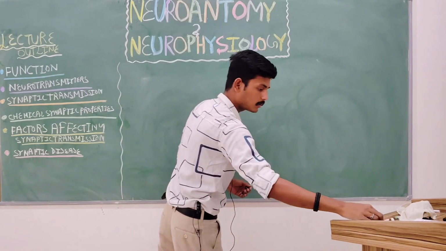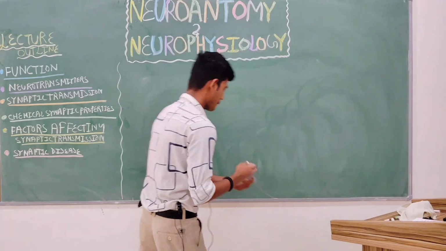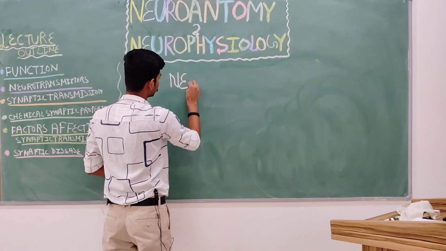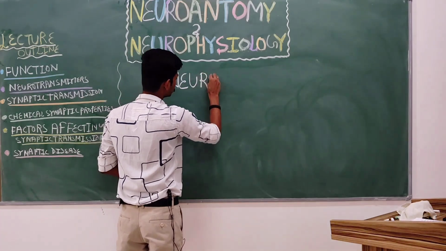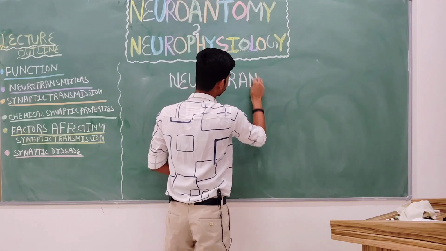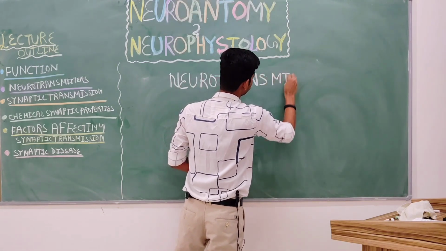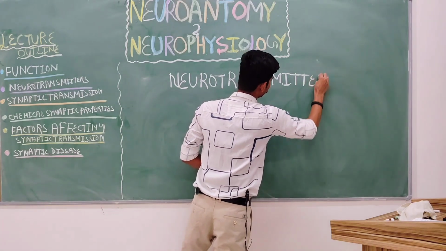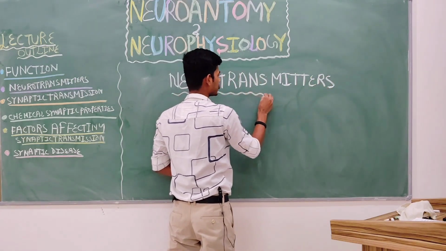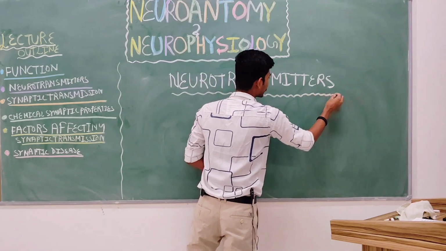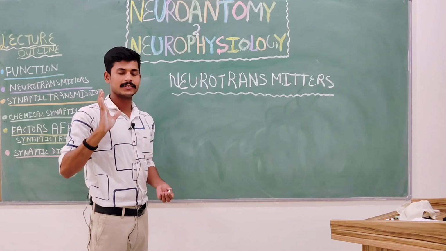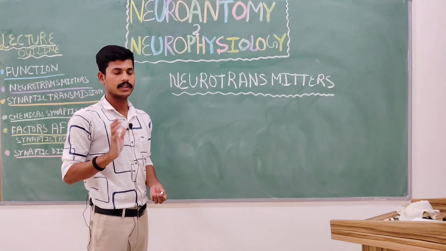So about the neurotransmitters, these are a special kind of chemicals which can either excite the neurons or inhibit the neurons. Remember, these are a special kind of chemical which can either excite the neurons or inhibit the neurons.